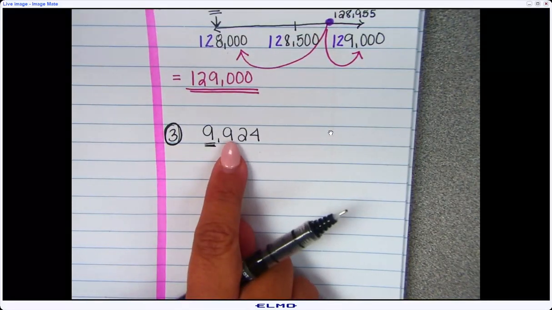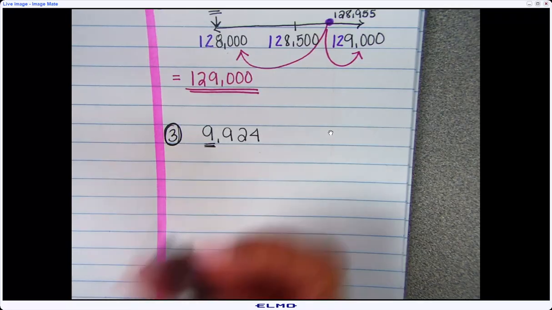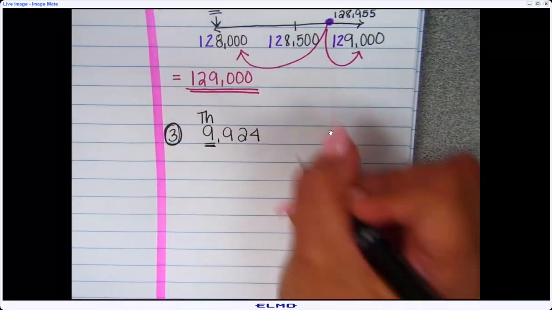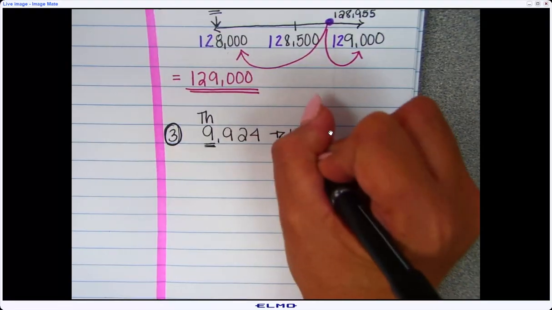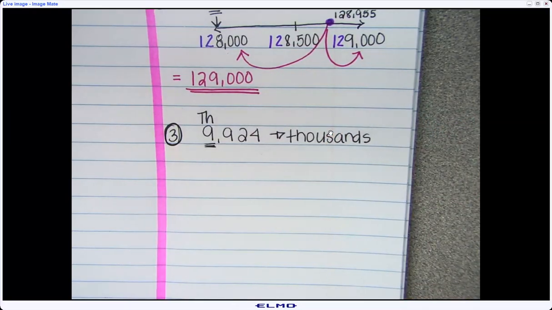So the digit that is underlined is in the thousands. So then this means that I am also rounding to the thousands place. Same strategy.